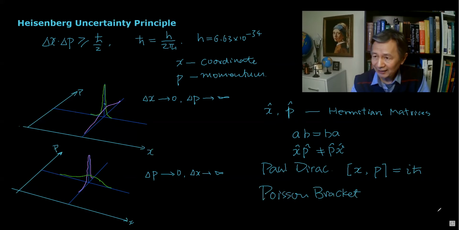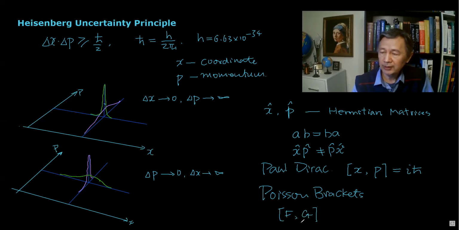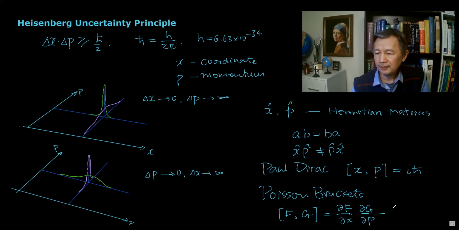In classical mechanics, of course not in Newton's original form but in the Hamiltonian mechanics formalism, the Poisson bracket of f and g, which are two functions of the coordinate and the momentum, can be written as df/dx times dg/dp minus df/dp times dg/dx.